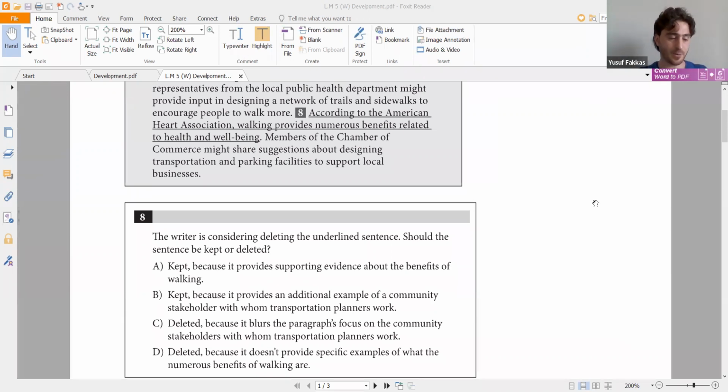So we already agreed that this sentence should be deleted. But why? What's the reason for that? Is it the reason mentioned in C or in D?